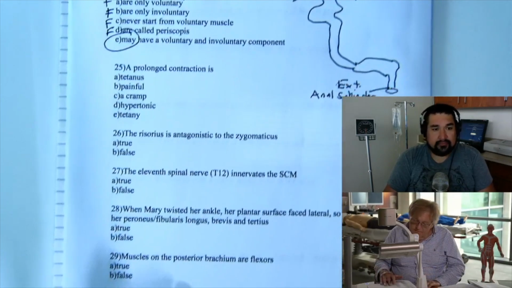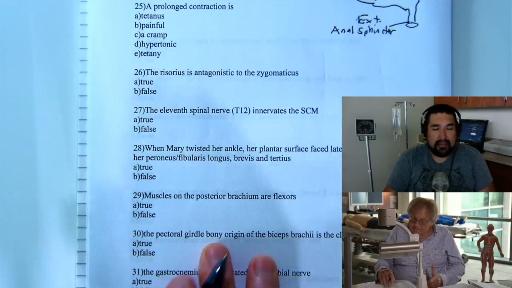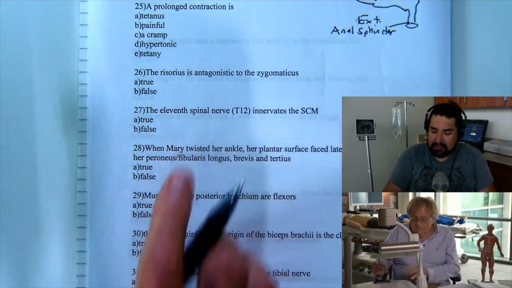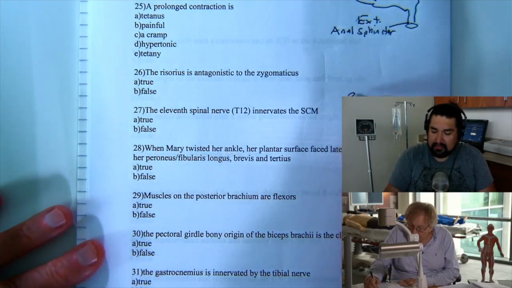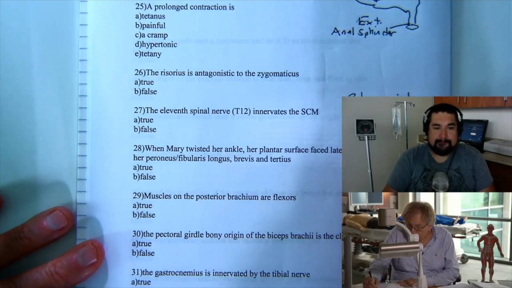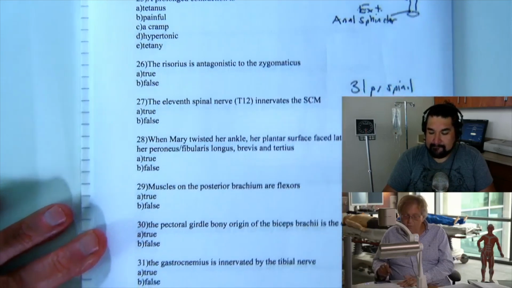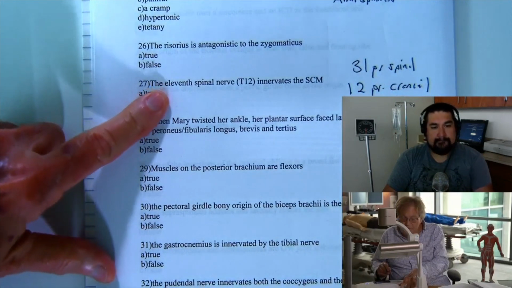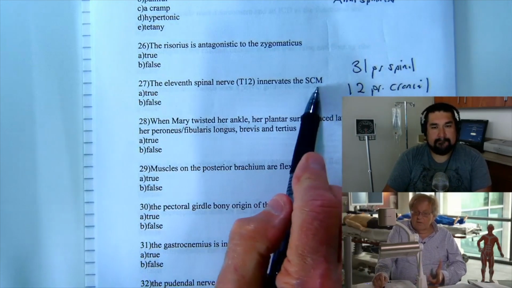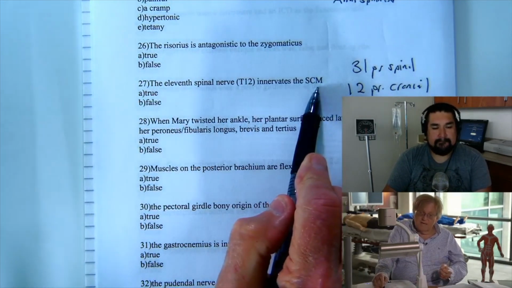Anything else that you see here? How about maybe 27? Yeah, we can look at that. Remember, there's 31 pair of spinal nerves, and there's 12 pair of cranial. And therefore, the 11th spinal nerve, it says there, innervates the SCM. Well, again, look up the SCM, the sternocleidomastoid muscle.